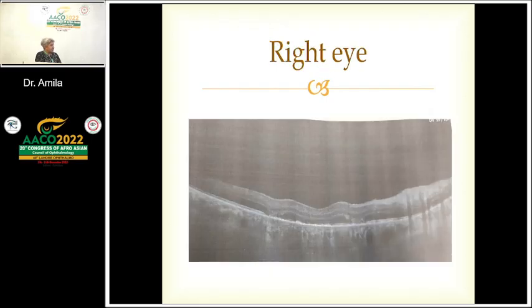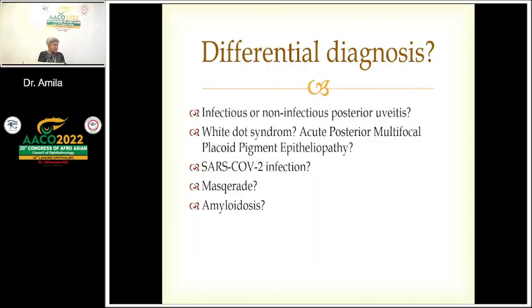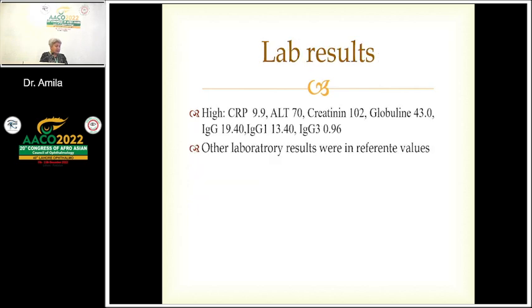You can see the problems here. What could be the differential diagnosis? Infectious or non-infectious posterior uveitis, white dot syndrome, acute posterior multifocal placoid pigment epitheliopathy, SARS or COVID infections, masquerade syndromes, amyloidosis.